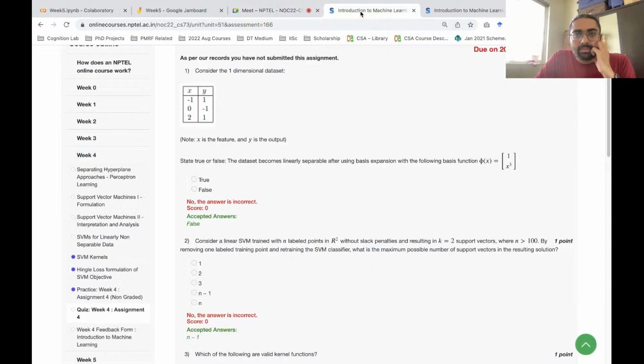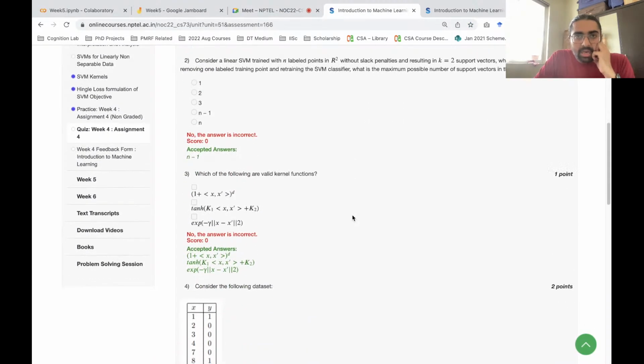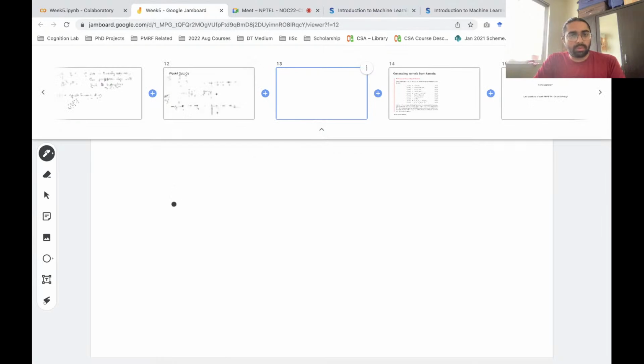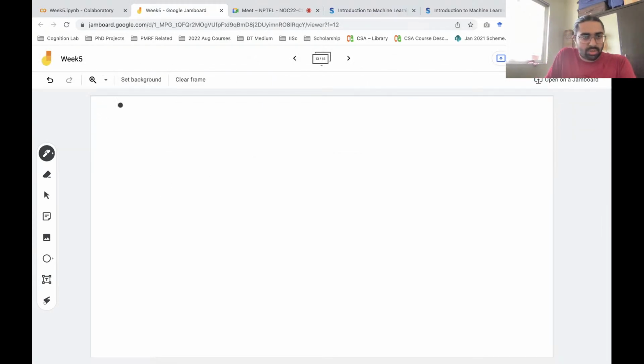Consider a linear SVM trained on n points, and we have k equal to 2 support vectors, and n is more than 100. They're saying that if I remove one labeled training point and retrain the SVM classifier, what is the maximum number of possible support vectors in the resulting solution? This is actually a straightforward question.